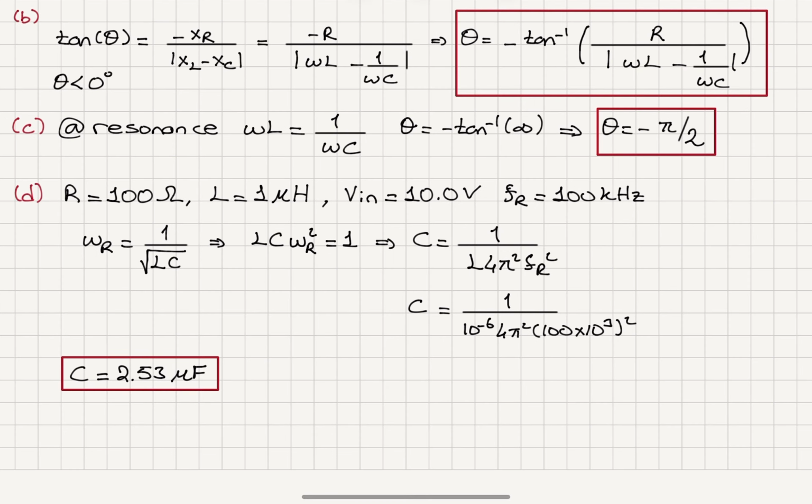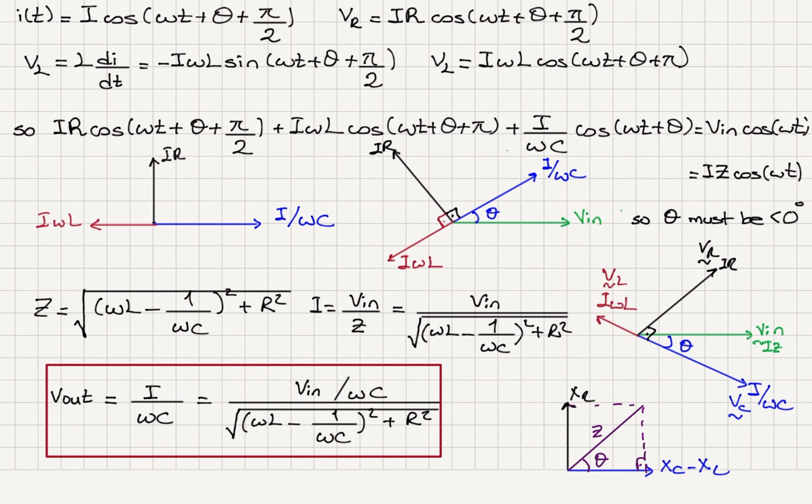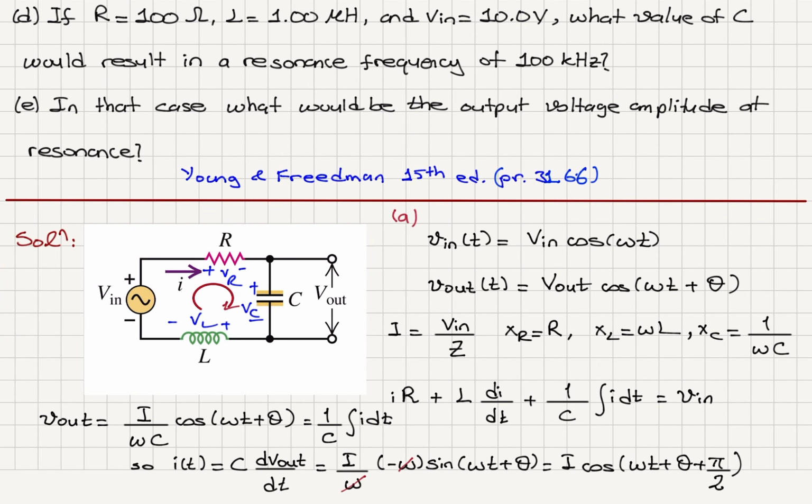All right, and let's move on to part E. In that case, what would be the output voltage amplitude at resonance?